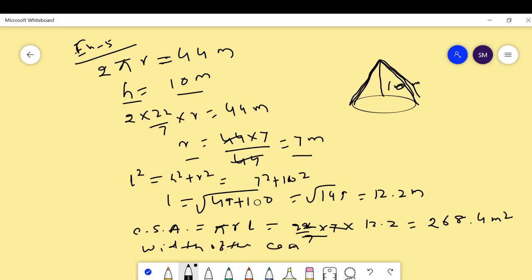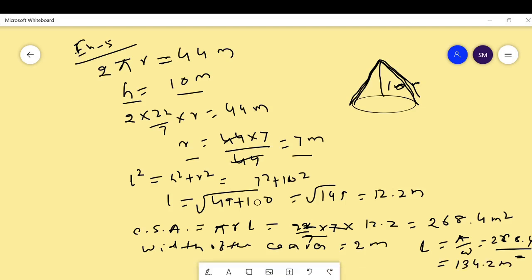Another thing is given, the width of the canvas is 2 meter. Then the length of the canvas is equal to area upon width, means 268.4 upon 2. Then this is 134.2 meter.